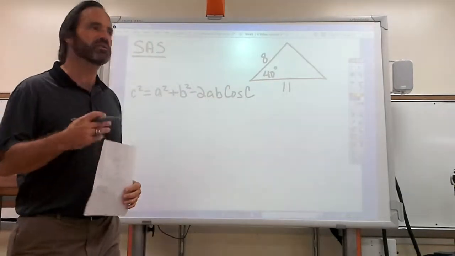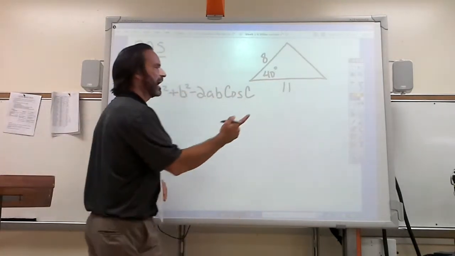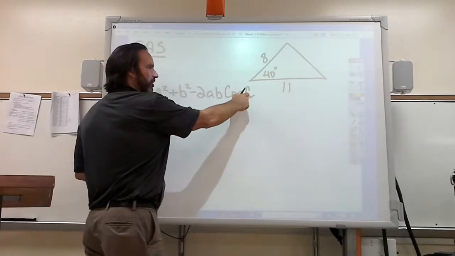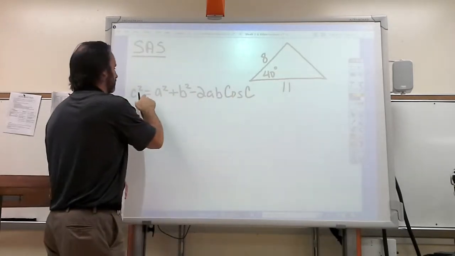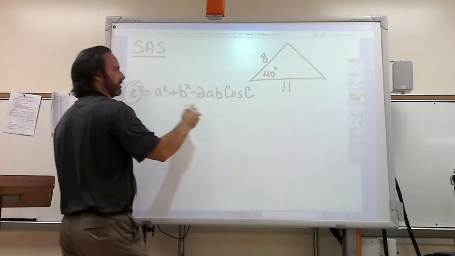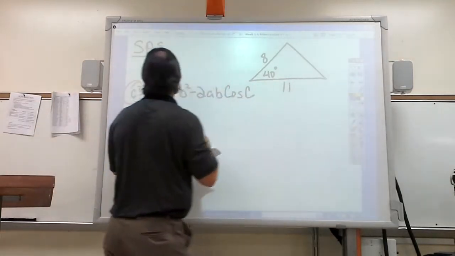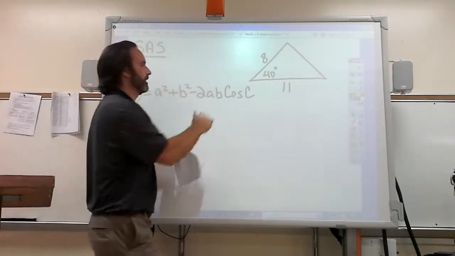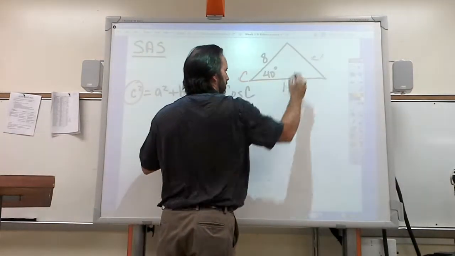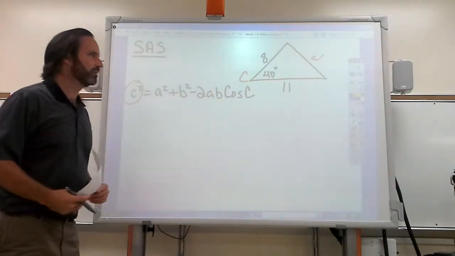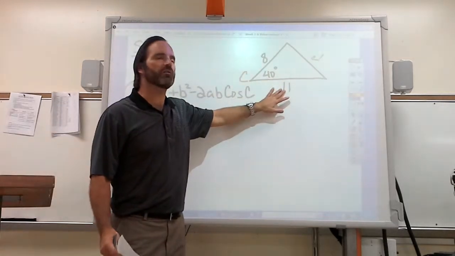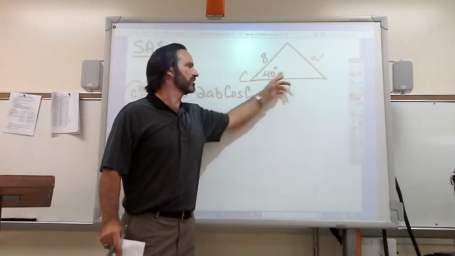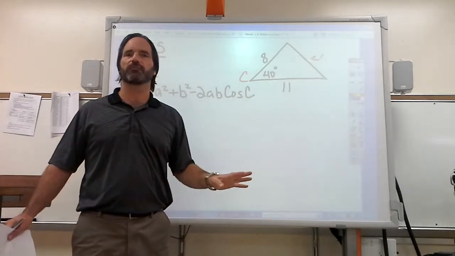Remember, now I've got an angle to put in. So remember what's on the left of the equals: I'm going to write c squared equals, this will be my capital C and this will be little c. When you're using side, angle, side, you're solving for the side that's opposite the angle. And that's it.